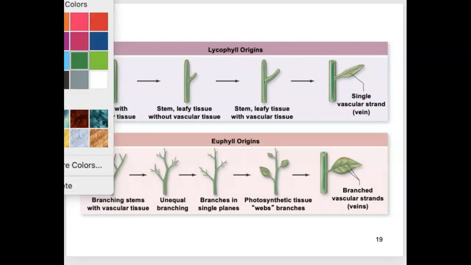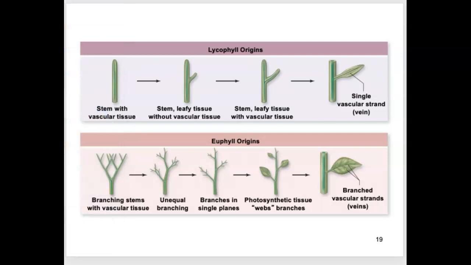And then, as always with evolution, it's all about competition. The earliest plants to have leaves were these things called club mosses. So they are considered seedless vascular plants, or the tracheophytes, single vascular strand here.